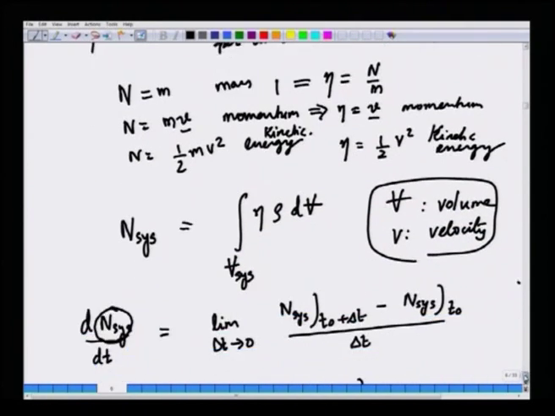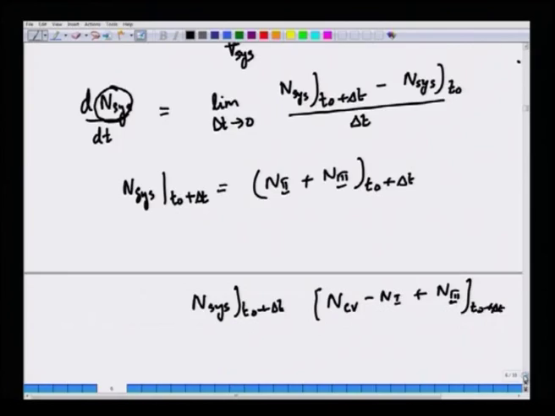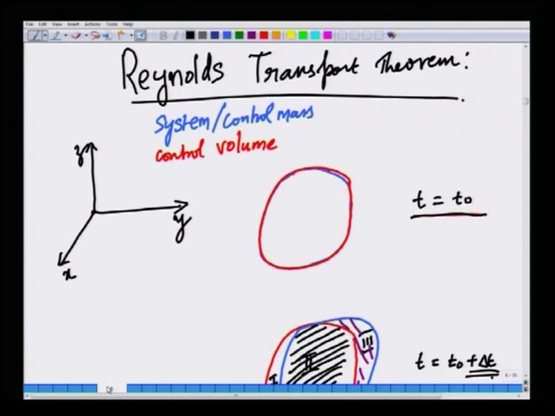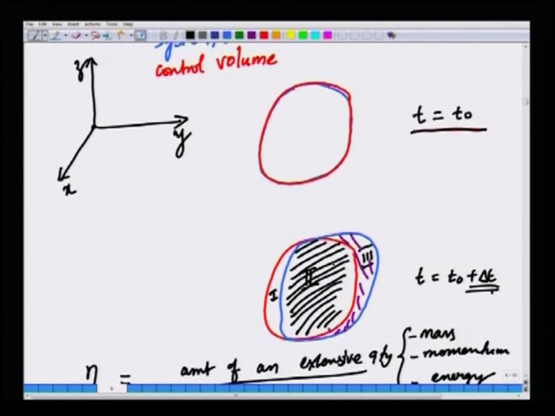N system at time t0 plus delta t is nothing but N CV, and N2 is nothing but N CV minus N1. So N2 is N CV, which is the red region, minus N1, which is this yellow shaded region. If you subtract N1 from N CV, the total red line, you will get N2 at time t0 plus delta t.